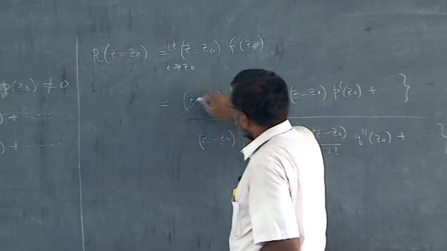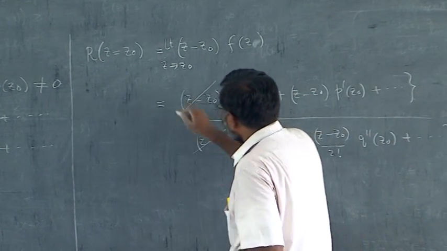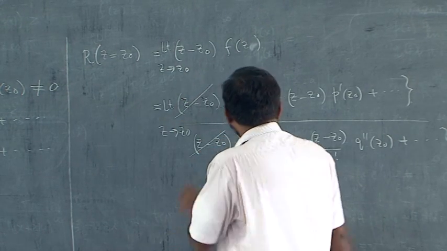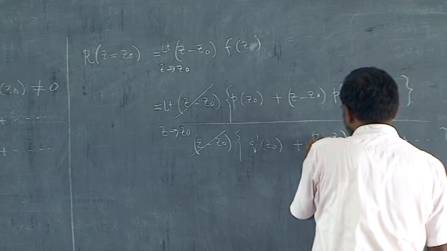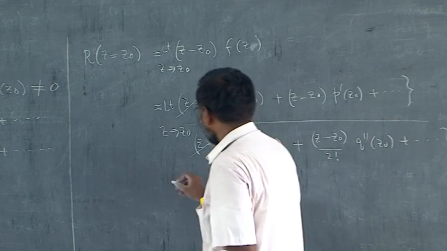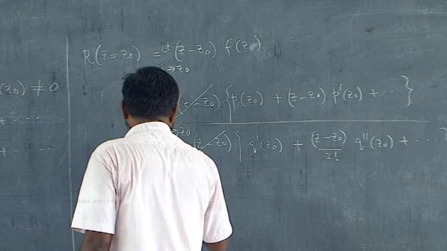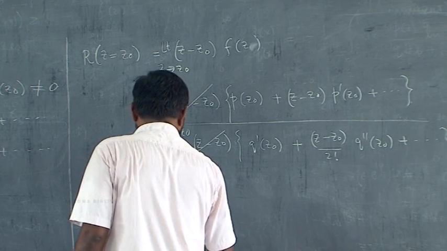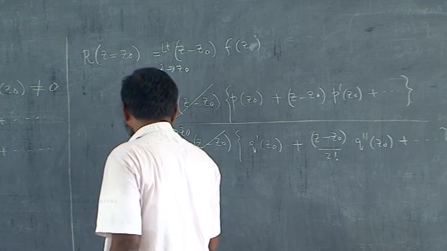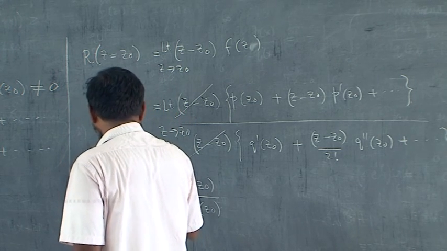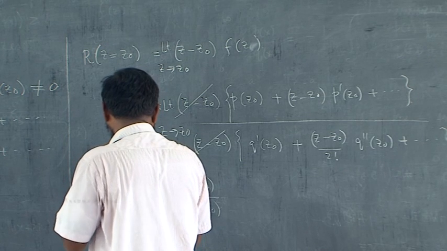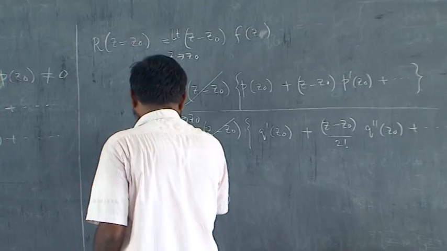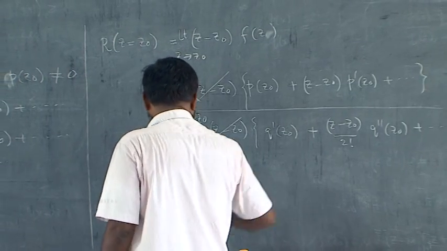Now this will cancel here, and if I take the limit z tending to z naught, all these terms will go away. So what I will have is p of z naught divided by q prime of z naught. So this is in general for any rational function, the residue at z equal to z naught is p of z naught divided by q prime of z naught.